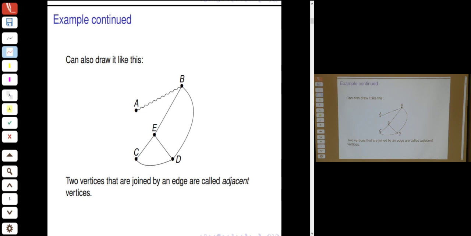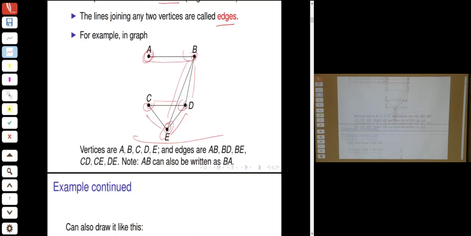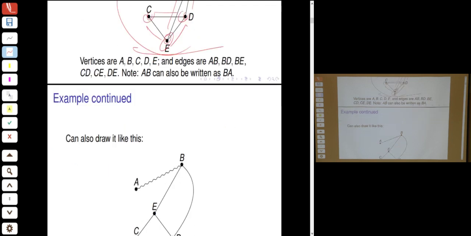In a graph, it's really about the vertices and the information about which pairs of vertices are connected with each other. So it doesn't have to do so much with how you draw it with pen and paper, right? Okay. So for example, this is a graph, and you can also draw it in this manner.